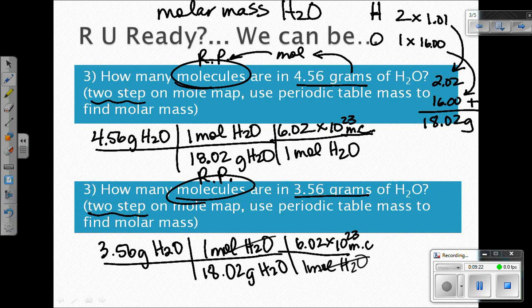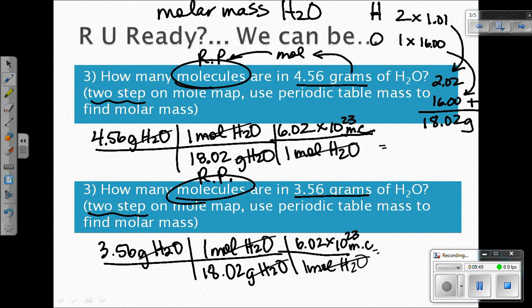So moles cancels out, grams cancels out. I'm now in molecules. So in our calculators, we're going to do our original number that we were given. So 4.56 multiplied by 6.02, second comma 23, divided by 18.02.